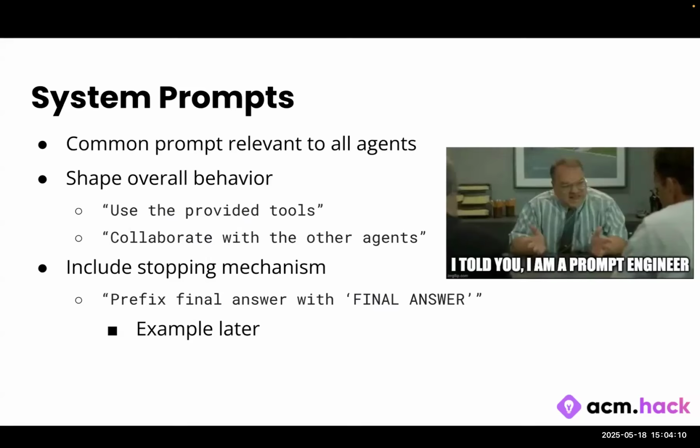So basically, for example, user provided tools, you're in a team, collaborate with the other agents, as well as a stopping mechanism in our case. So here we have prefix final answer with FINAL ANSWER. It's just a mechanism so we can detect that the agent is done with its workflow.